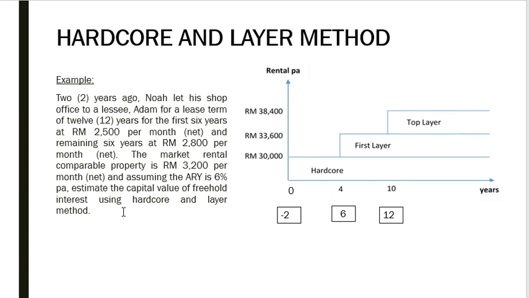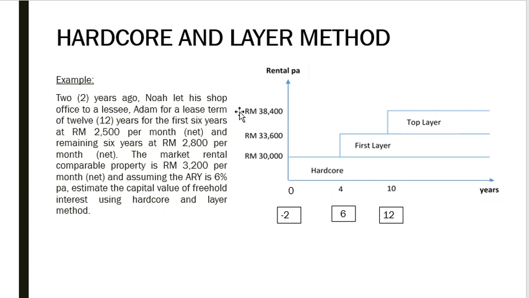In this case, we must make sure that the rental is on a per annum basis and that the rental is net. In the question given, it is on a monthly basis. So what we must do is multiply it by 12 to make it per annum. 2,500 times 12, you will get 30,000. 2,800 times 12, you will get 33,600.